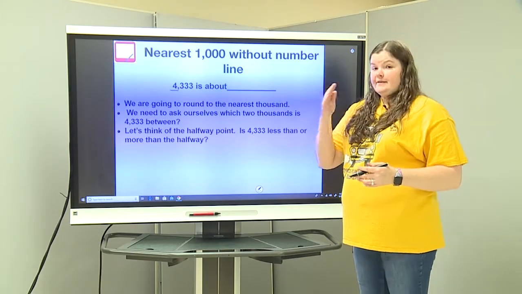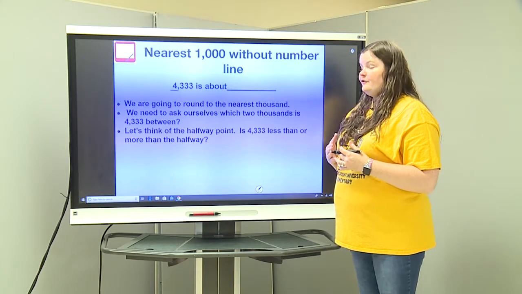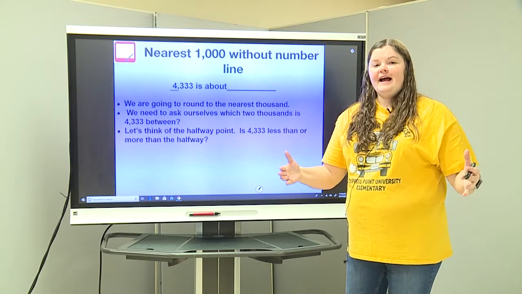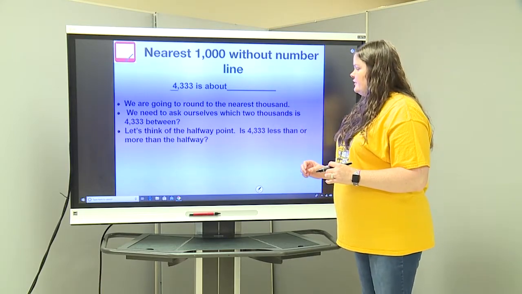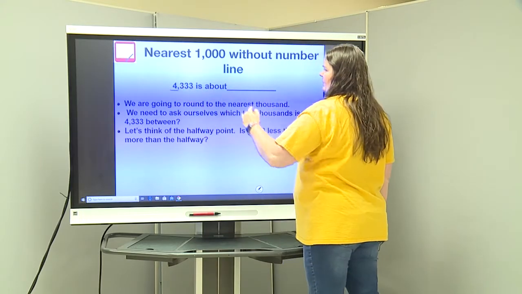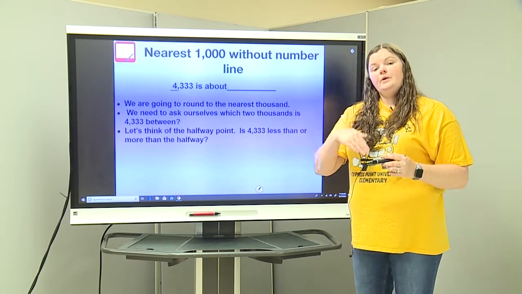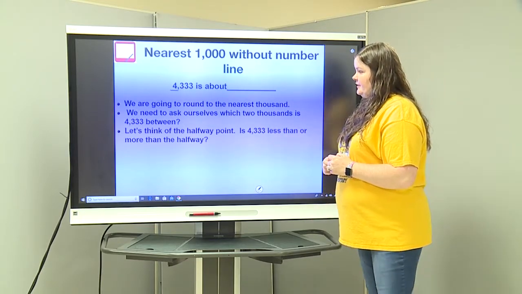Going back to the previous lessons and knowing what we already know about numbers, the midpoint would be 4,500. So let's think where this number would go. Is it going to go above the 4,500 or below the 4,500?